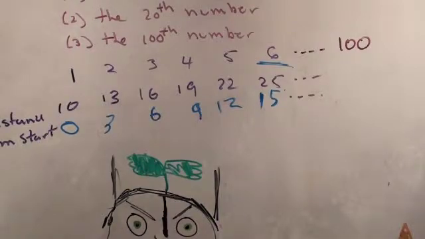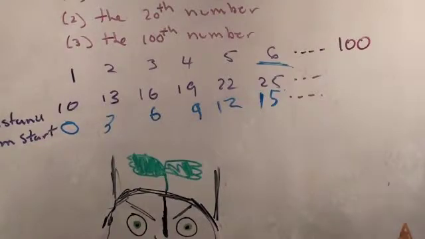So, well, we have 100 threes. How many threes did the first number use? 0 threes. How many threes did the second number use? 1. How many threes did the third number use? 2.